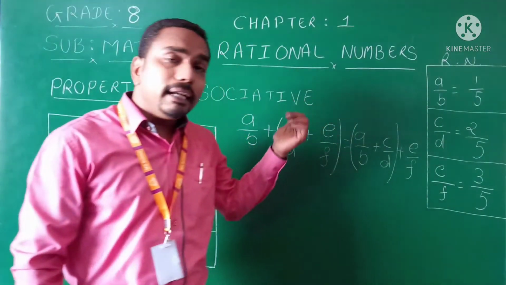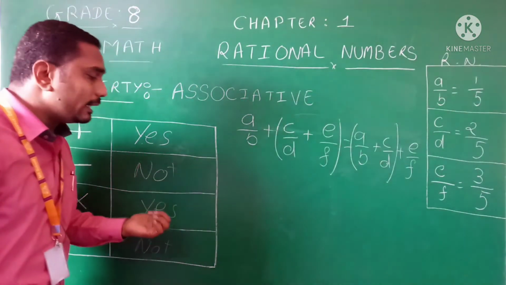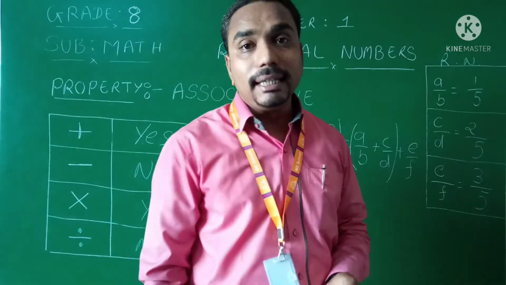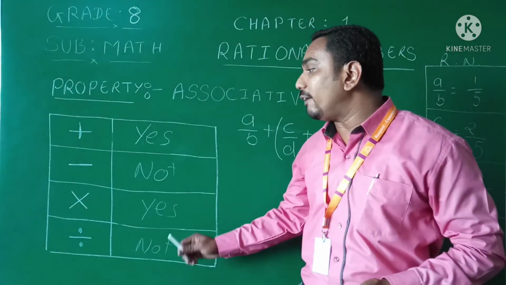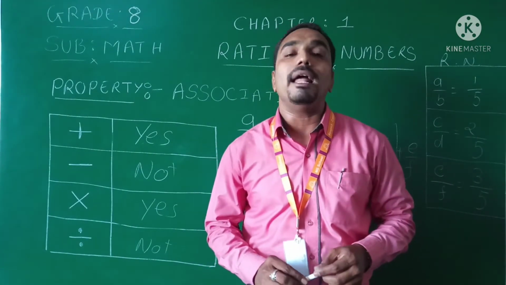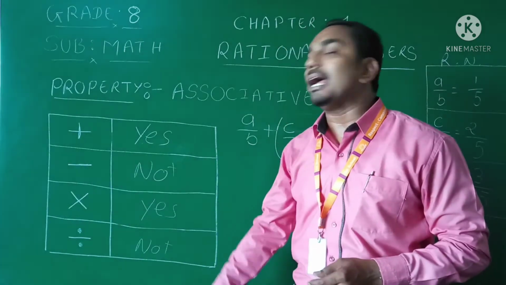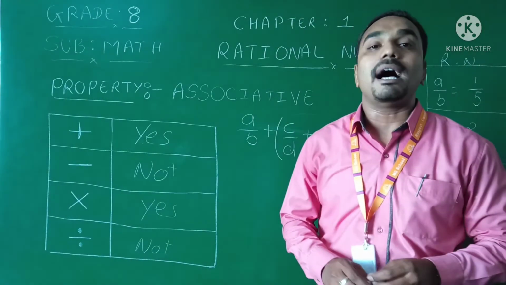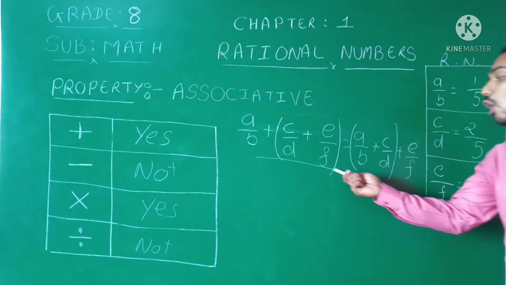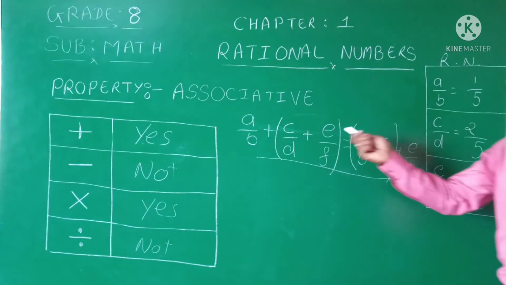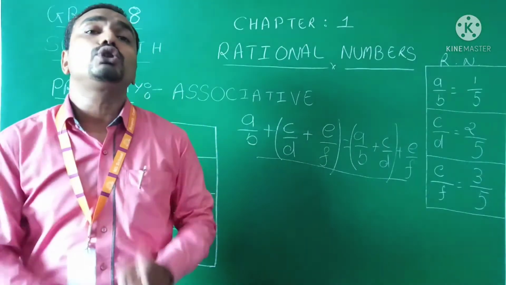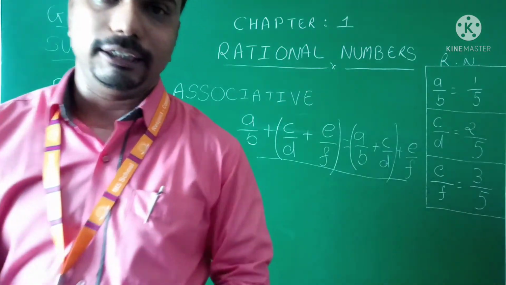In all the three properties we have seen that for multiplication and addition the property is applicable, and majorly in subtraction and division the properties are not applicable. Guys, you can verify this property through any rational number by yourself.